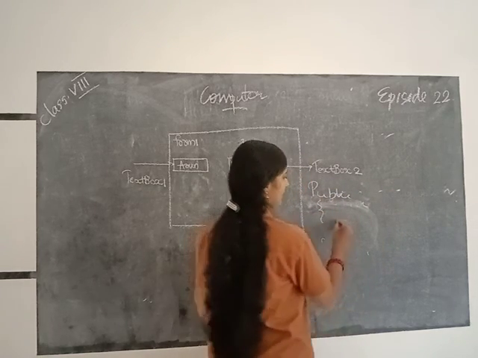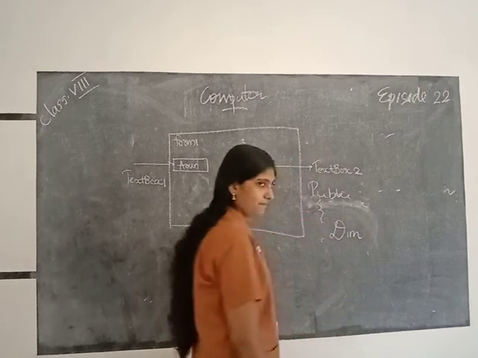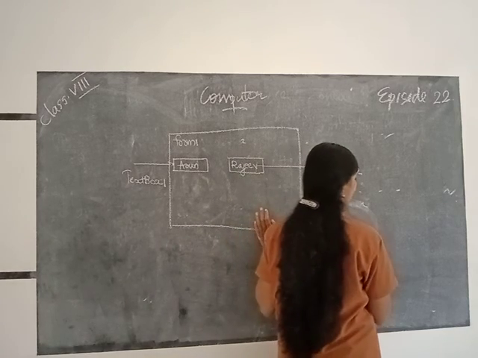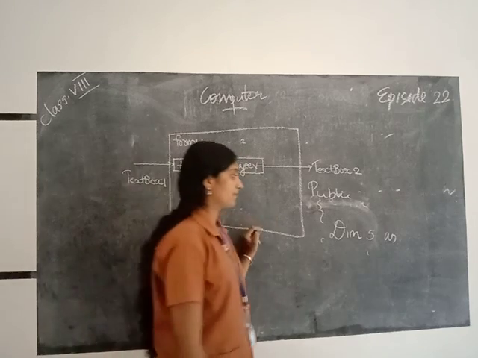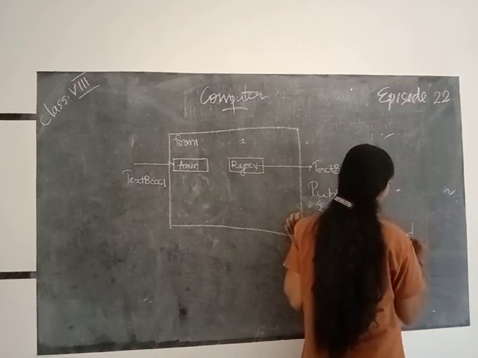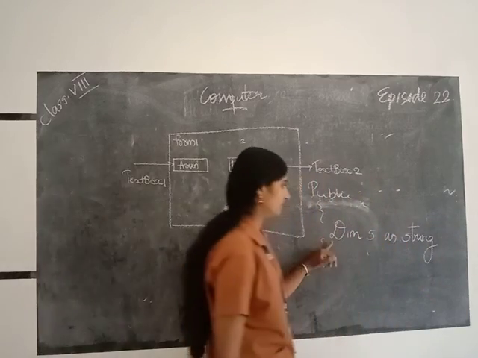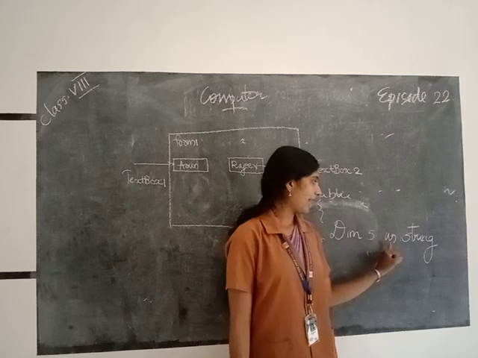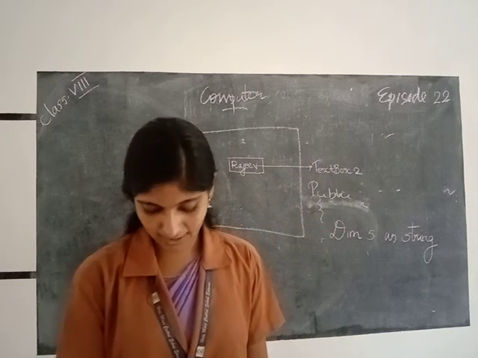First assign a variable. The syntax is Dim, a variable name, As, and the data type here is String. So Dim, that is dimension, the variable name is s, as the data type String. First we assign a variable.